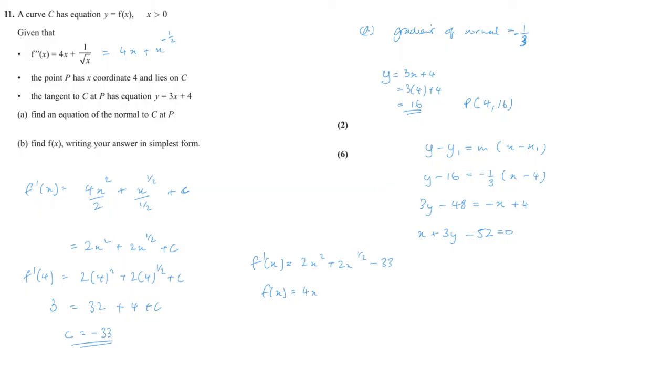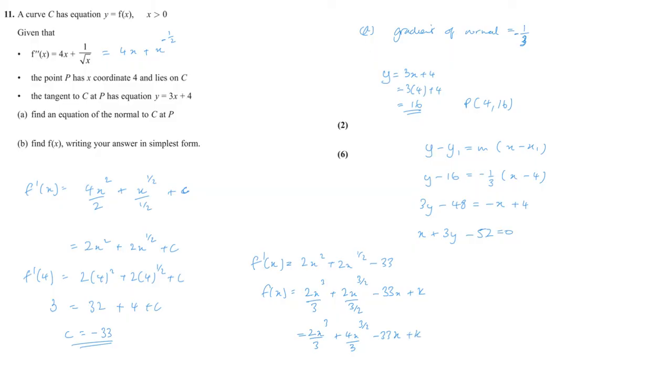Right, 2x cubed over 3 plus 2x to the 3 over 2 over 3 over 2 minus 33x plus k. So it's 2x cubed over 3 plus 4x to the 3 over 2 over 3 minus 33x plus k.